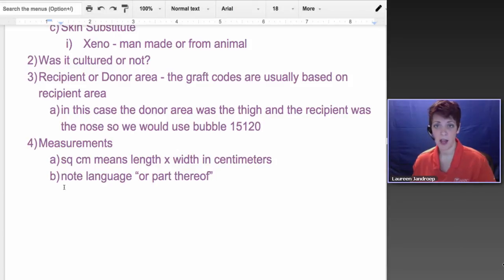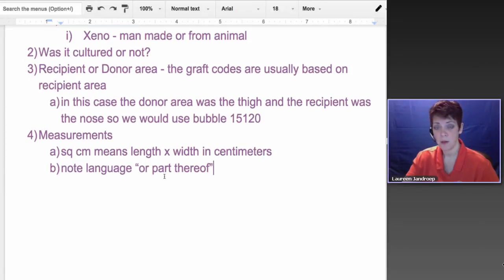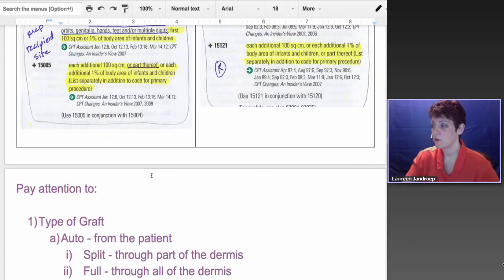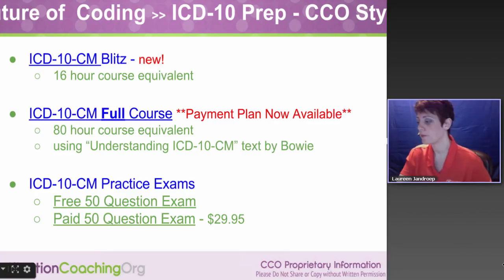How would you figure it out? Length times width, and that's what we're talking about here because they're trying to figure out how vast an area we're talking about. And then we talked about or part thereof. Be aware that you only need to have a portion of that add-on code to be able to report the whole add-on code. Okay, so that is the answer for our skin grafts.